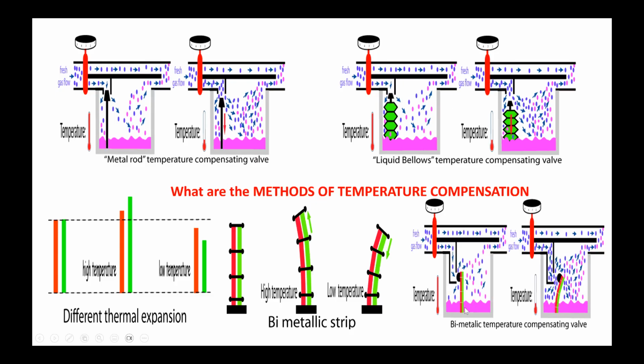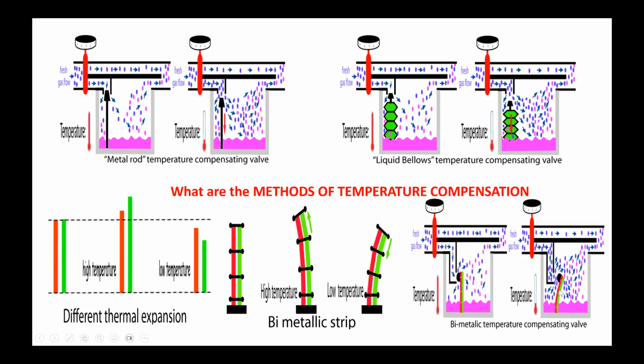So you can see this. This is the bimetallic strip. This is the blocker controlling the entry of gas into the vaporizing chamber. When the temperature is high, it stretches and occludes this opening partially, so reduced fresh gas flow.